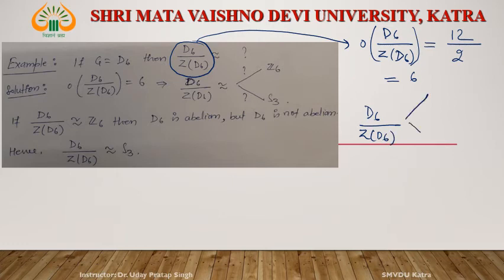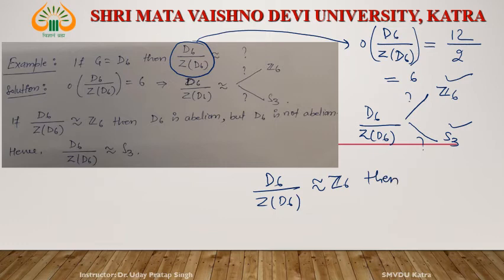Then this is isomorphic to either Z6 or S3, since both have 6 elements. Suppose D6 by Z(D6) is isomorphic to Z6.